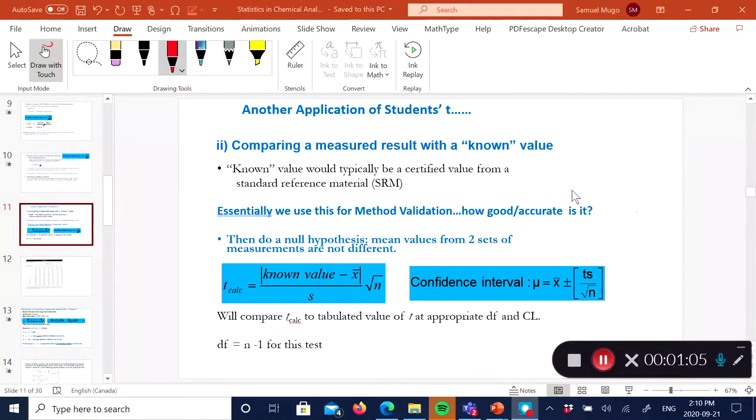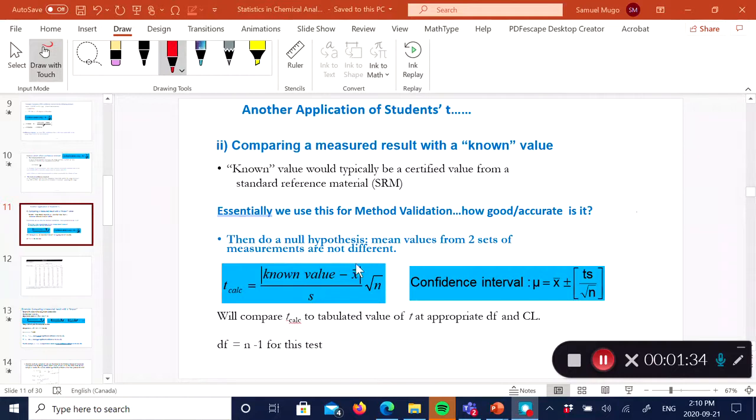So typically you would run a data set using your analytical method, and you would buy a certified standard reference material and run it using your new method. And then you would compare the data from your new method with what the manufacturer says the standard reference material has in terms of the concentration.